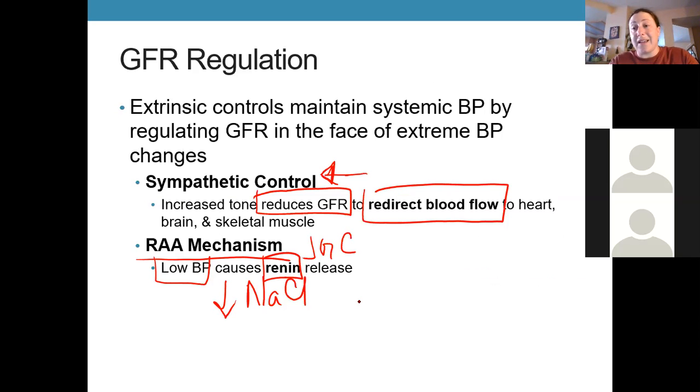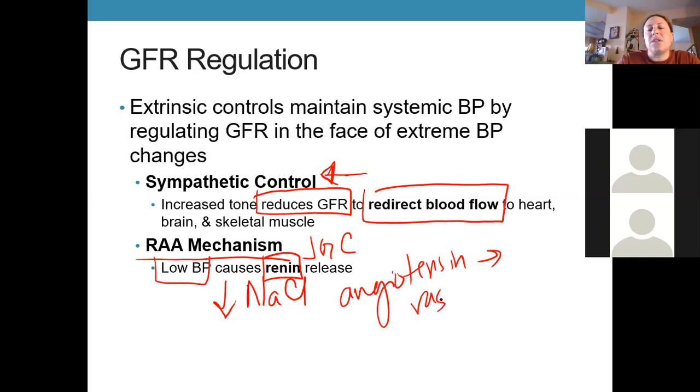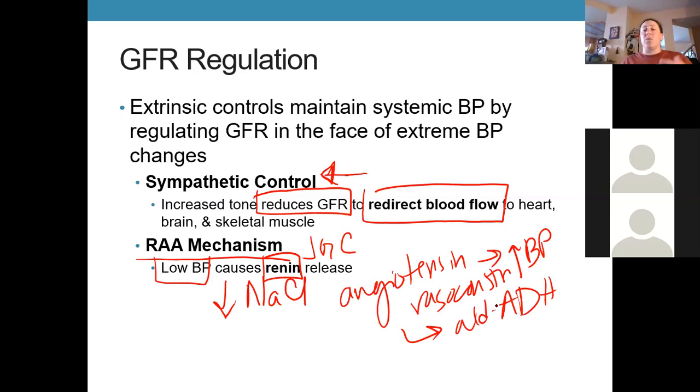We're going to go over this again in more detail later on in this lecture, but just as a reminder, that's going to activate angiotensin, which causes vasoconstriction, which increases blood pressure, and then it also activates aldosterone and antidiuretic hormone. And we'll talk about that stuff more later.